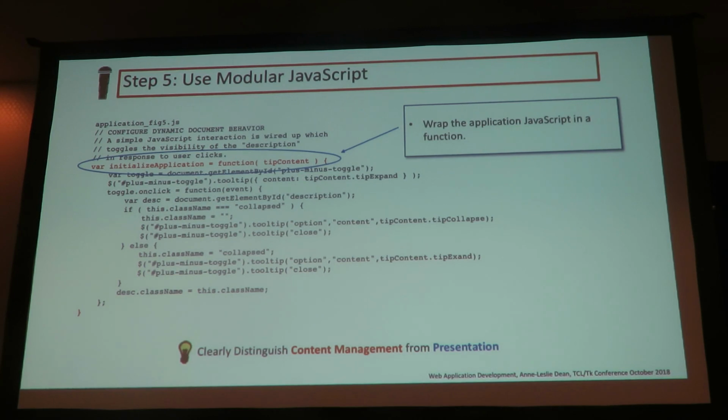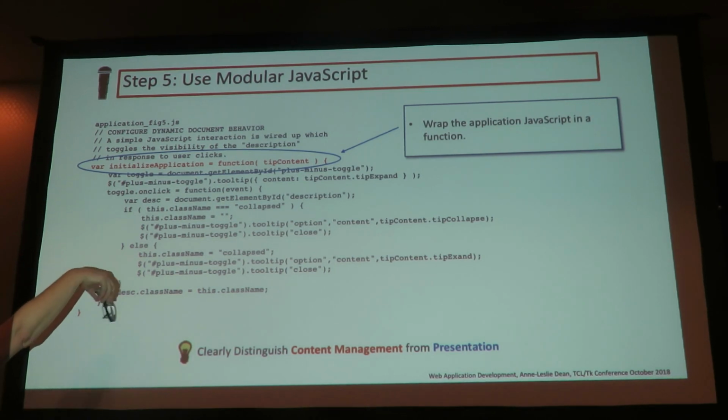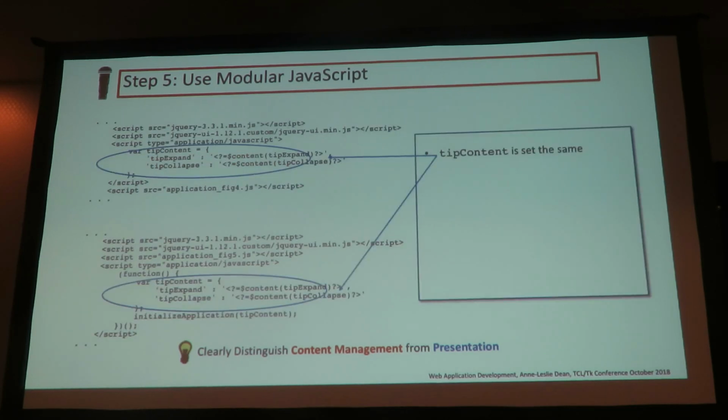What we're going to do is wrap all the JavaScript in a function. So now, when that JavaScript is interpreted, what will exist is a function called initialize application that takes an argument called tip content.